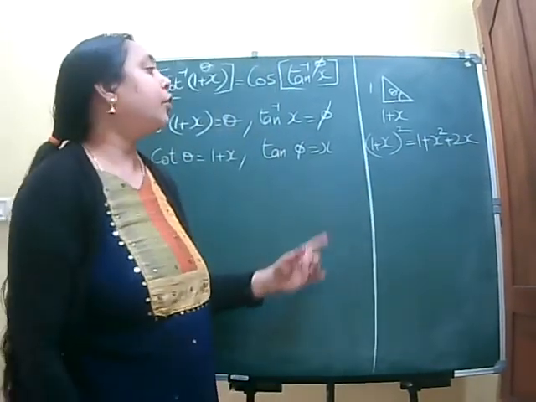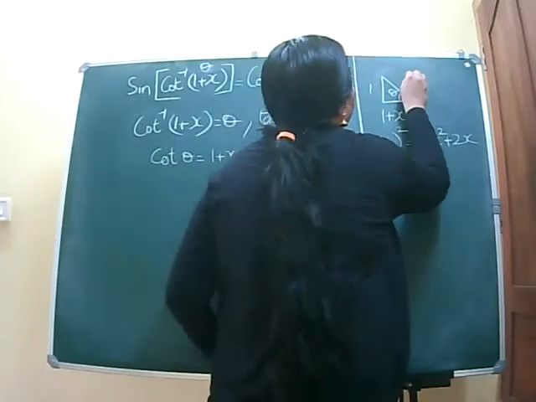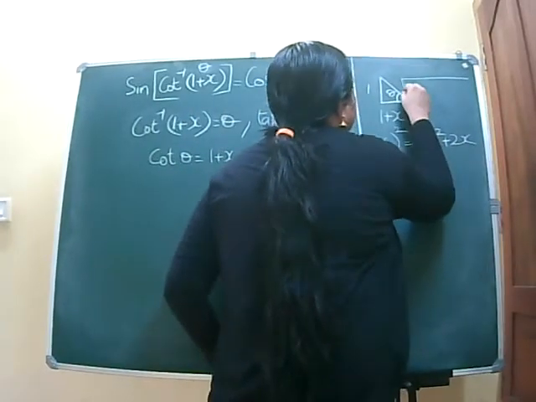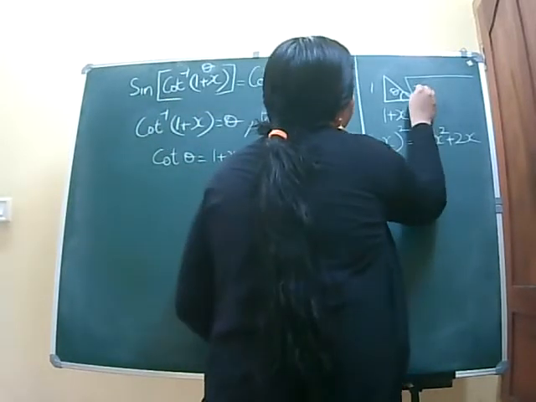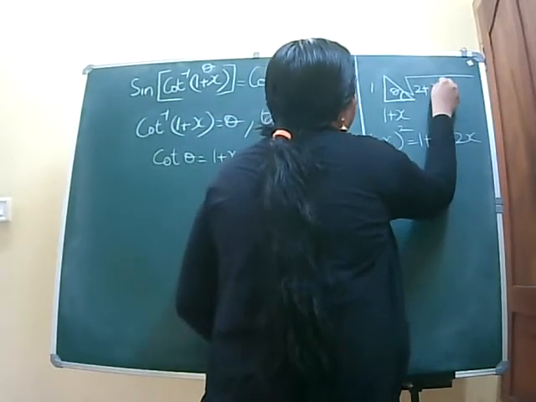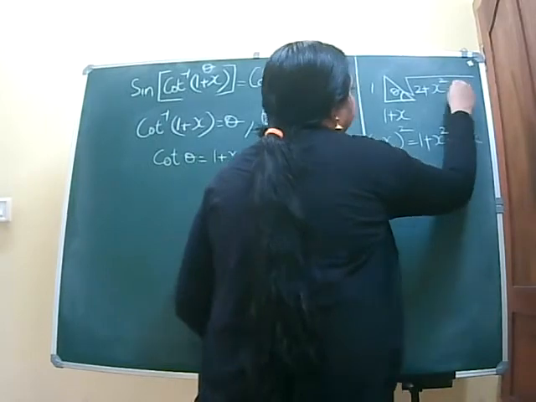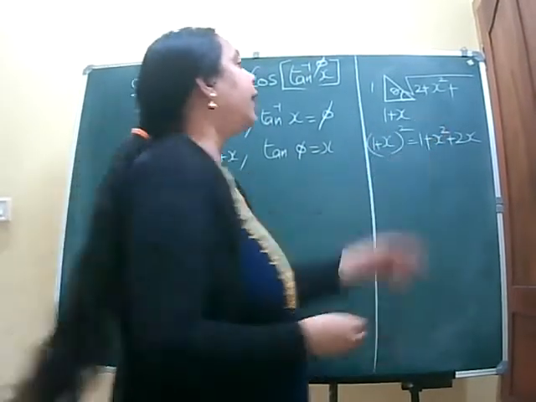Then hypotenuse is square root of 2 plus x square plus 2x.